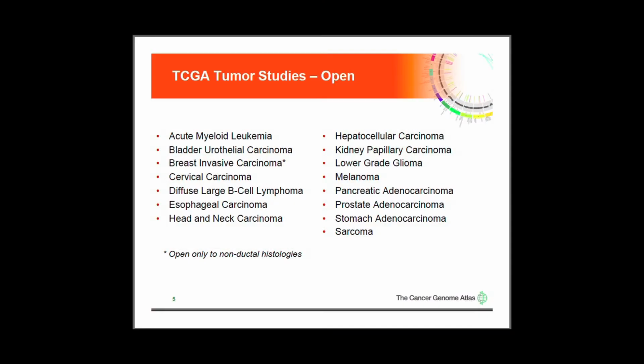So we have to get more than 500 patients enrolled on each study to be able to close it out. Most of these, as you will see, are carcinomas. We do have one sarcoma study, if anyone's interested in sarcomas. For that, we accept 10 different sarcoma types, so that's a really diverse study.